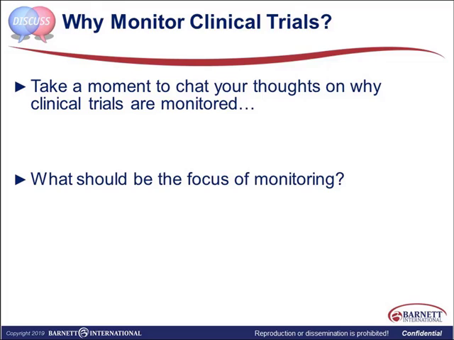For example, if the clinical trial requires that patients have laboratory tests to determine if there are toxicities due to the investigational drug, or assessments to see how the patient is responding, and these are not being collected, you can see how patient safety is compromised.